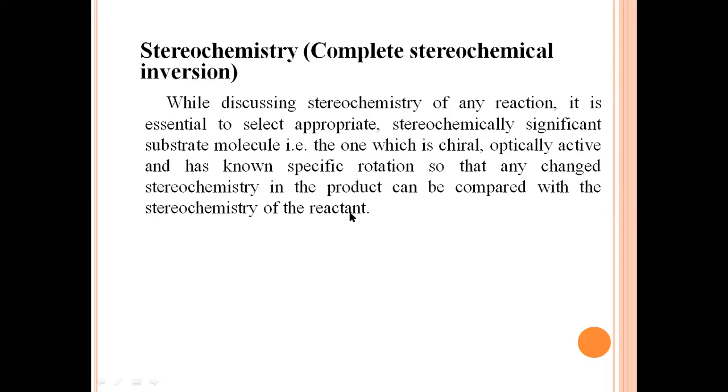So that particular molecule is chiral, optically active, and has a known specific rotation, so that any change in the stereochemistry in the product can be compared with the stereochemistry of the reactant. If we know all these essential characteristics of that substrate, one can easily understand the change in the stereochemistry of the product, and it will help to propose the particular mechanism.